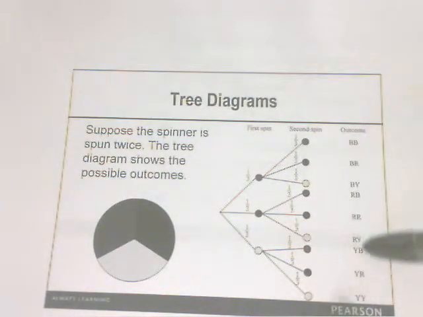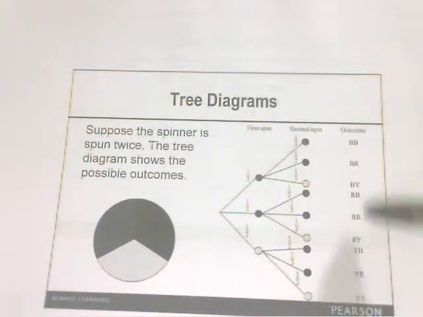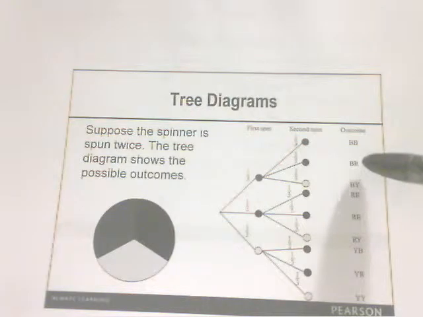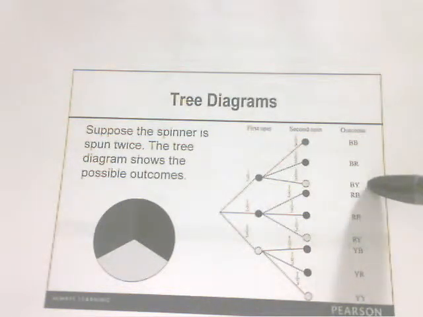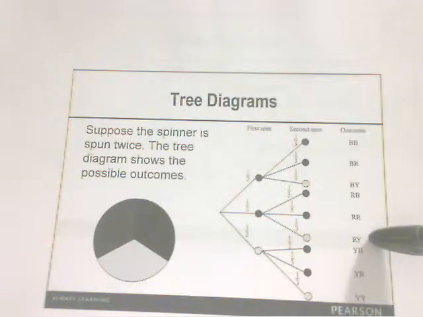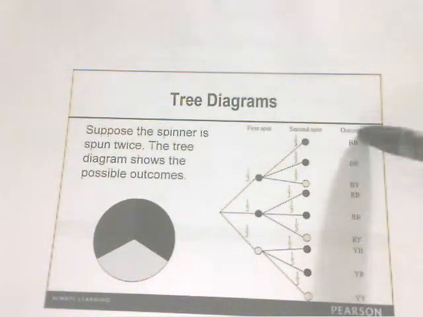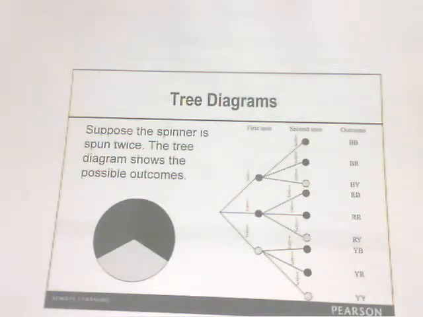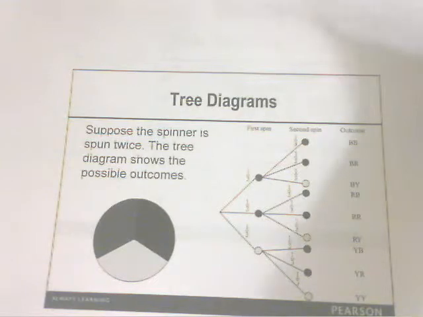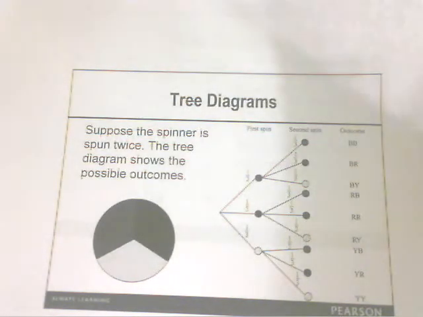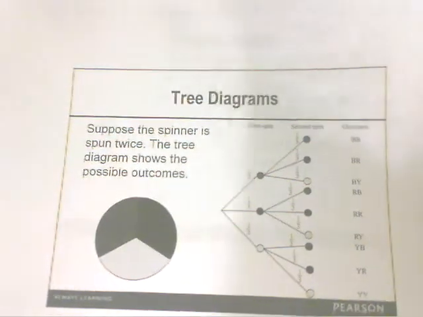And on this far right-hand side, you'll see all the possible outcomes here. Blue-blue, blue-red, blue-yellow. Then red-blue, red-red, red-yellow. Then yellow-blue, yellow-red, yellow-yellow. So here you see 9 possible outcomes for this particular situation if the spinner was spun twice.